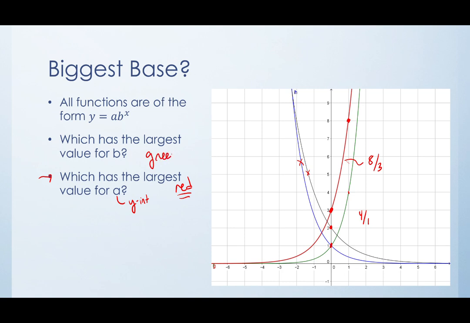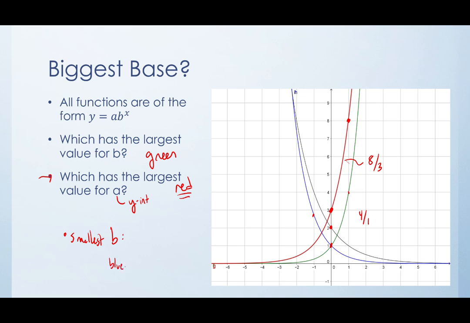And if I asked for the smallest b, it's either got to be the blue or the black one, right? Which one is dropping faster? To me, it looks like the blue one, but it's hard to tell because of the different y-intercepts. So we want to pick a couple of points as best we can. This blue one's going from roughly, let's say here, about 2.7 to 1.